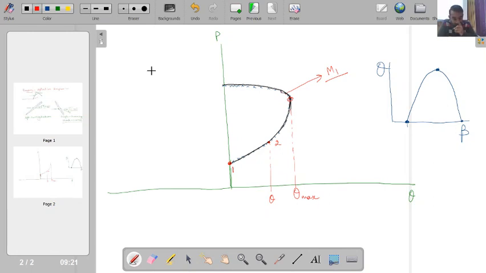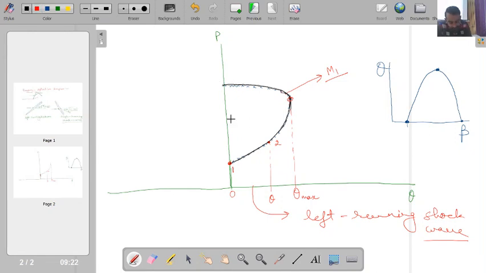This particular pressure deflection diagram, this right portion, is applicable for a left running wave. Why a left running shock wave? Because for that theta will be positive. If this is 0, then in this direction theta is positive and in this direction theta is negative. If I have to consider a right running shock wave of the same strength, same case, same Mach number, then that will be nothing but a mirror image of this.